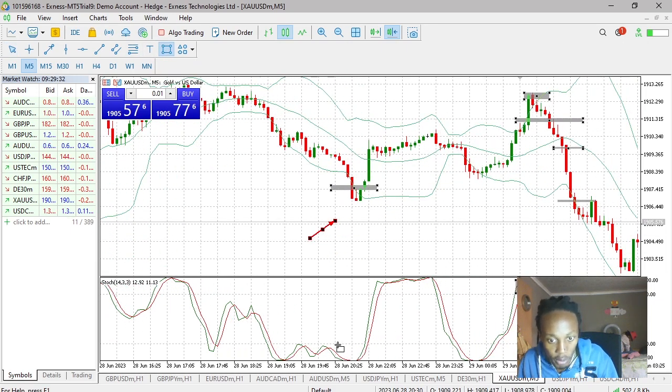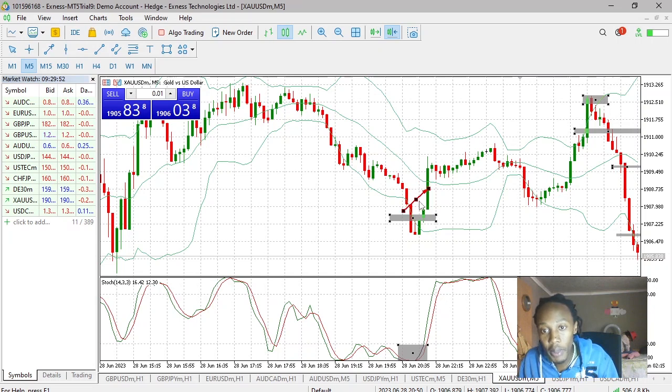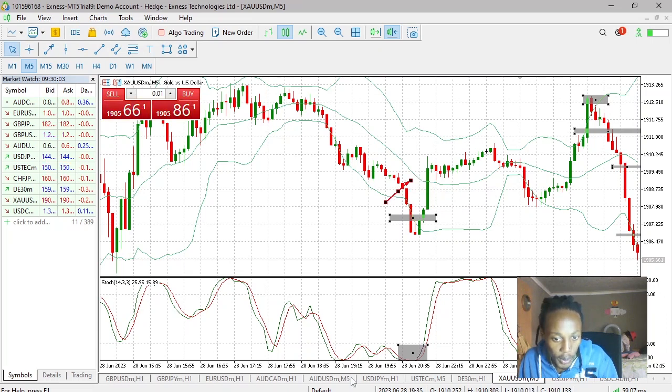So where's your entry? I told you that your entry is always after the candle closes above the middle Bollinger Band when you're buying, and below when you're selling. So this is your buy. This is where you did your buy.